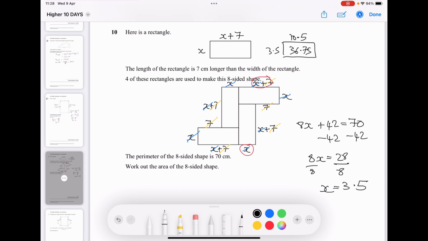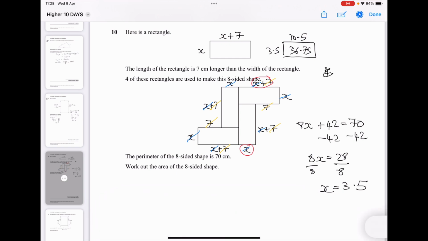And the area is 4 of those, so area equals 4 lots of 36.75, which is 147 centimetres squared.